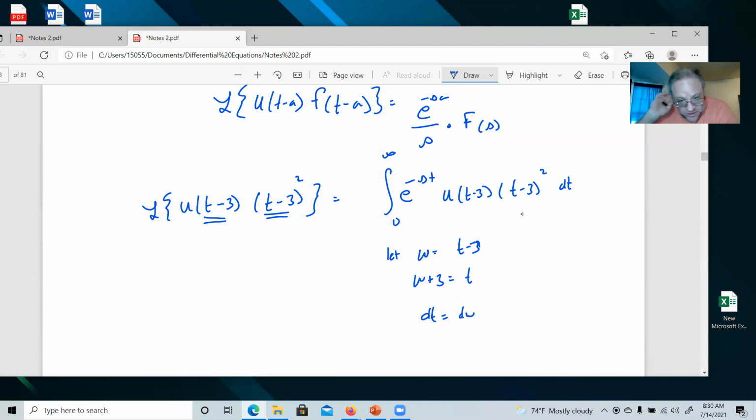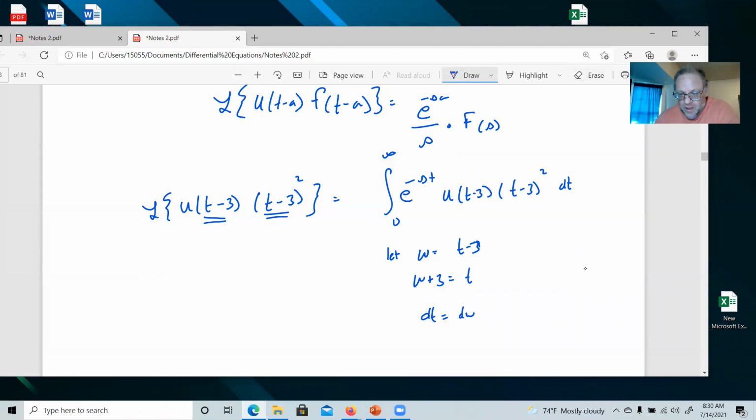Every time we make a substitution in calculus, we take its derivative. I'm just going to start replacing t's with w's. We have one more thing to fix.